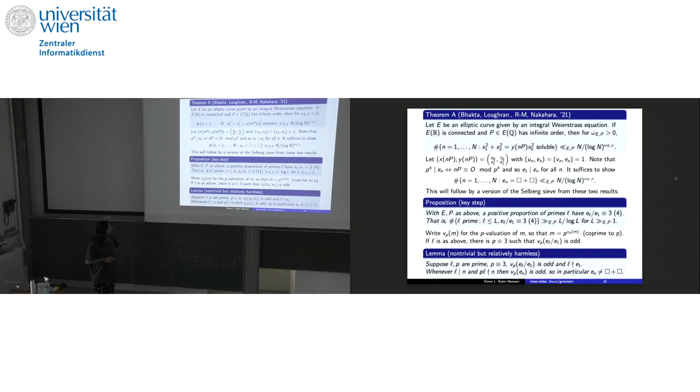And the way that we use it, well, we use the Selberg sieve, like I say, and we also use this lemma here. And what's going on here is that this is going to allow us to sieve out the primes L. So essentially what this is going to tell us is that if En is a sum of two squares, then none of these primes L can divide En.